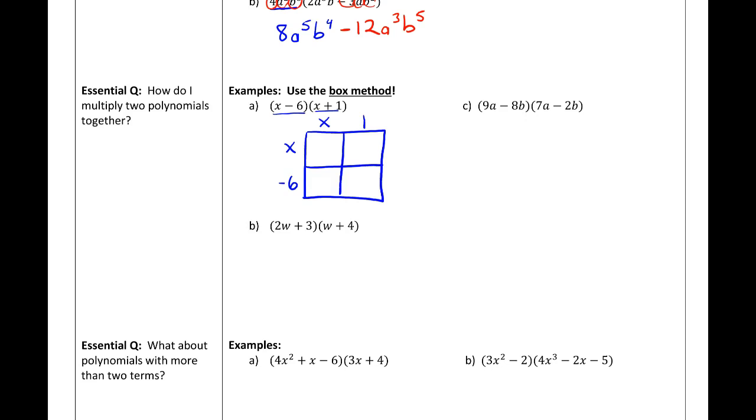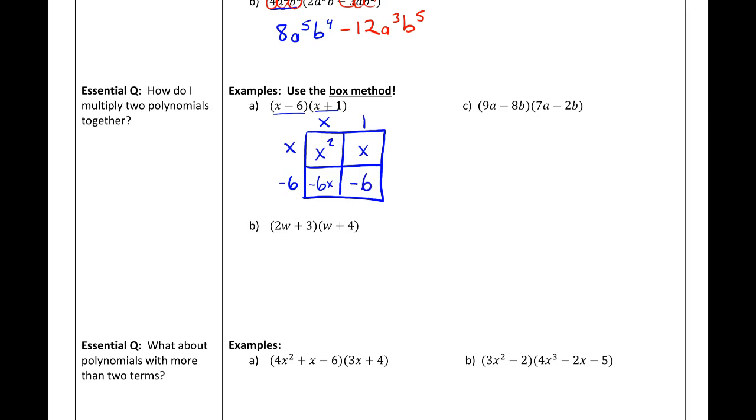In this upper left-hand corner, we've got x times x, which is x squared. Moving to the right, I have x times 1, which is just 1x, or x. Moving to this bottom left, I've got negative 6 times x, just negative 6x. And then negative 6 times 1 in my final box, negative 6.